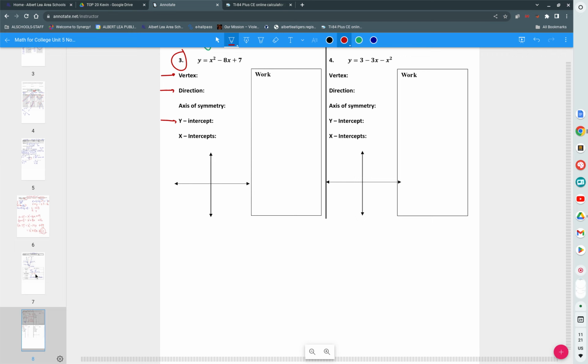It's going to be minus. Would it be negative 8 times 4 or 8 times 4? 8 times 4. Plus 7. 16 minus 32. All I need is negative 16. Negative 16 plus 7.